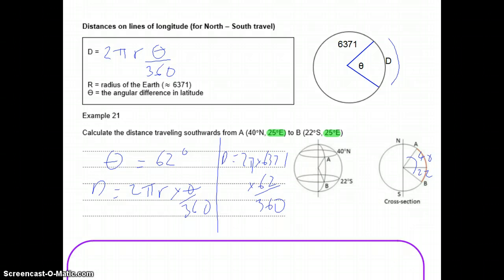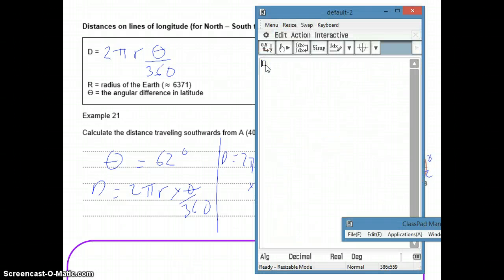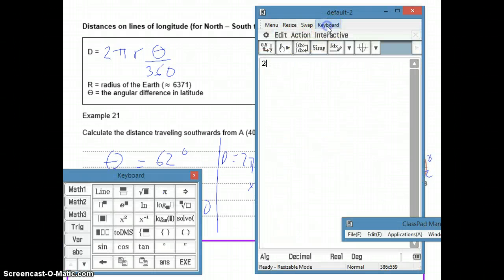You can use your calculator to work that out. So it's 2, use your keyboard, you can find pi, so 2 pi times 6371, and that's times 62 out of 360.